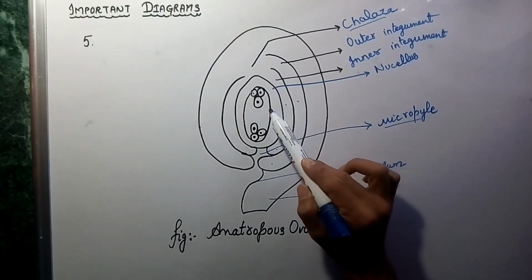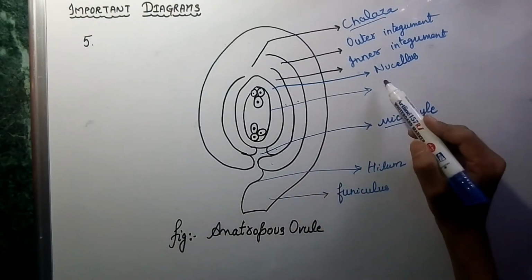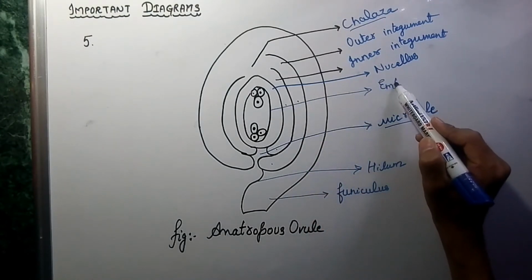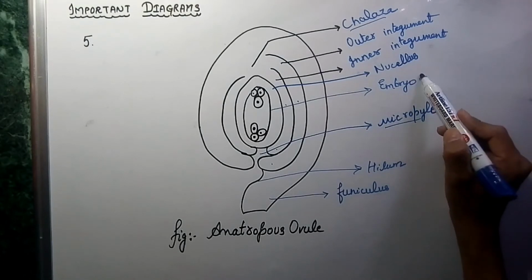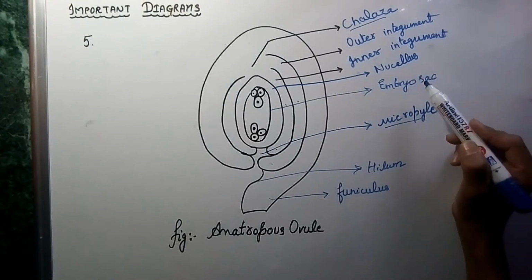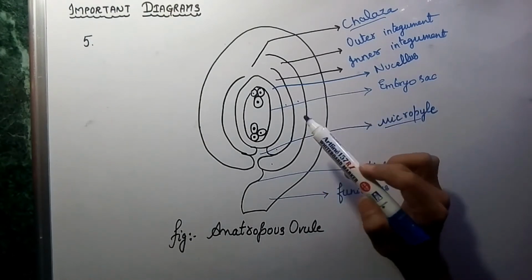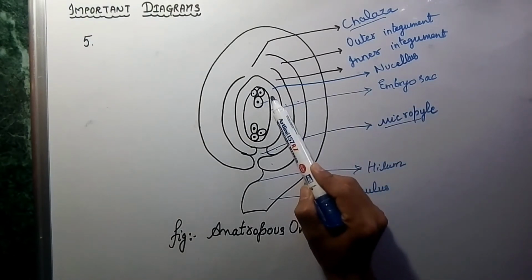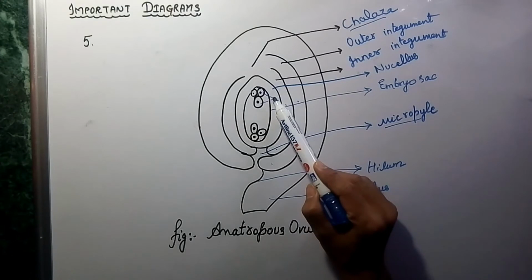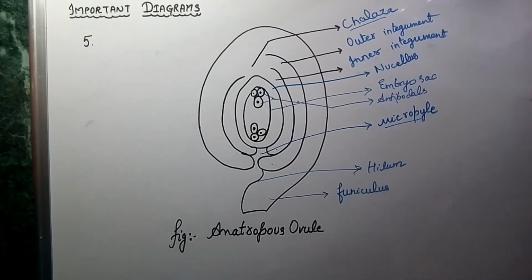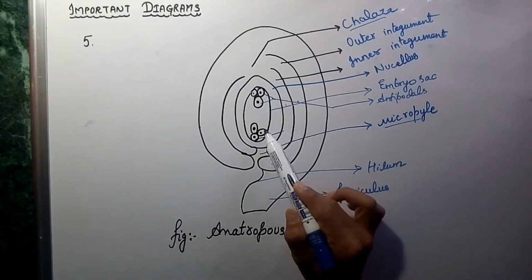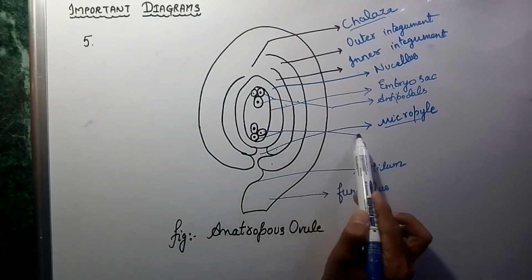Inside the nucellus, we will see that the embryo sac gets developed. Inside the embryo sac, we will see the antipodal cells. The above two parts are our antipodal cells, and these are our synergids.